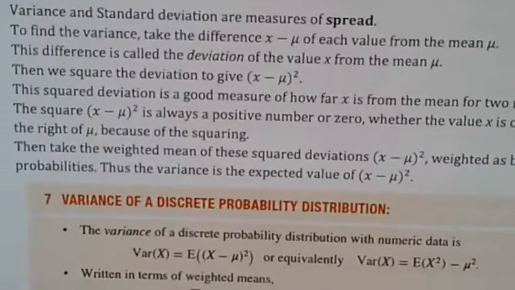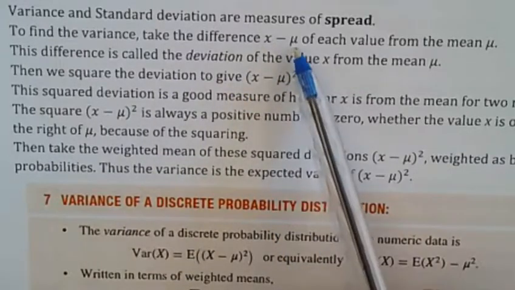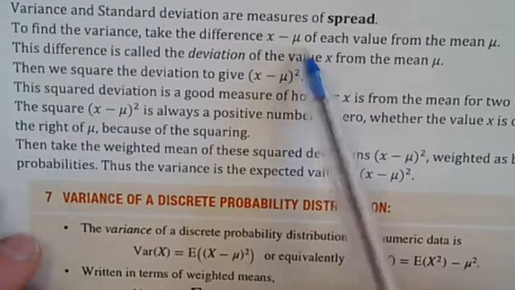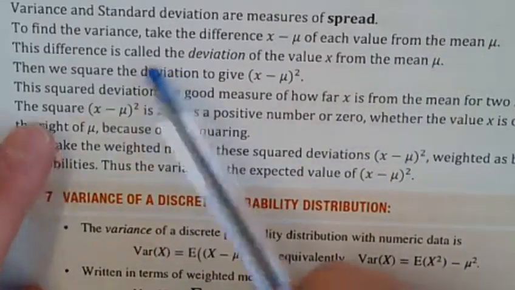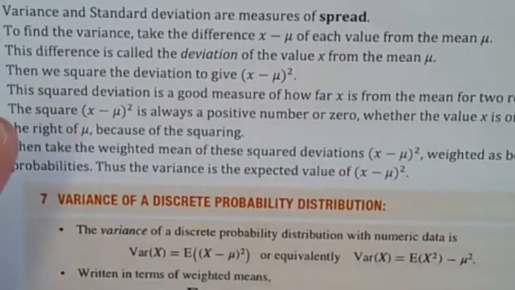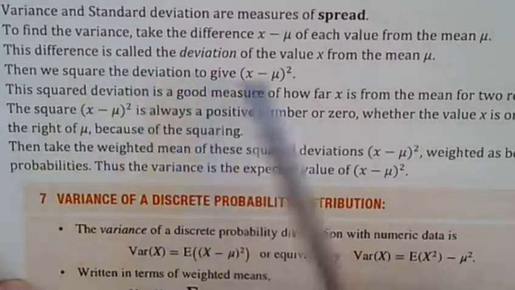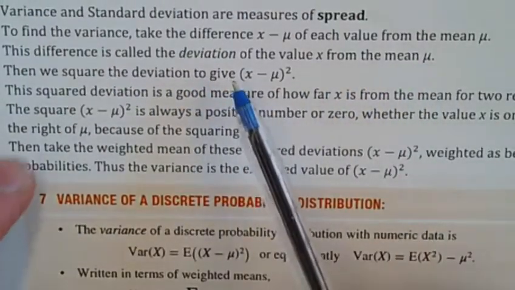So to find the variance, we just take the difference of X minus the mean, or mu, or the expected value, for each value. This is called the deviation of the value X from the mean. If you deviate from a straight line, you're moving away from the line. Once you start deviating off the path, you may have heard that, right? So your difference from the mean is called your deviation, okay?